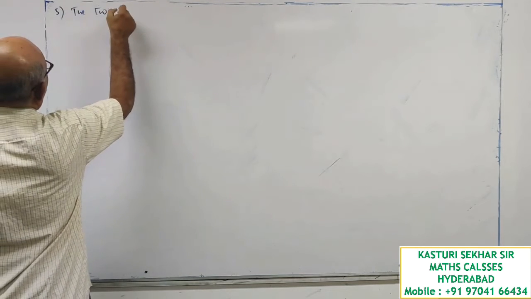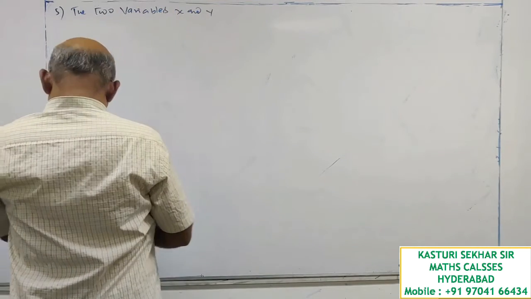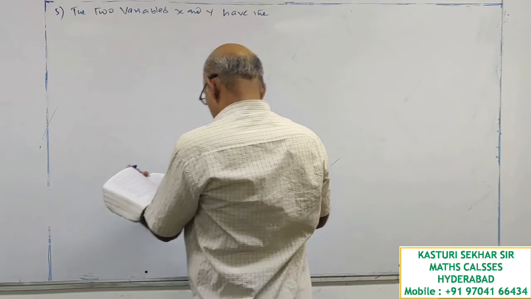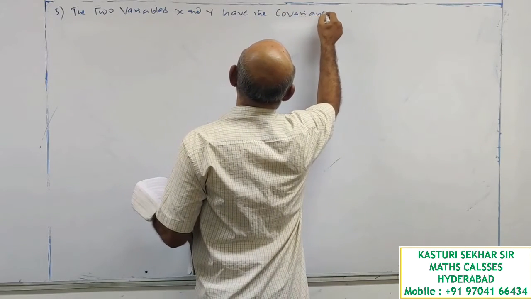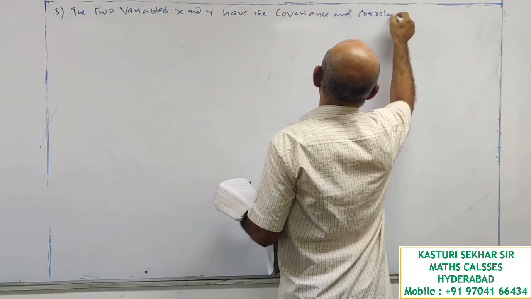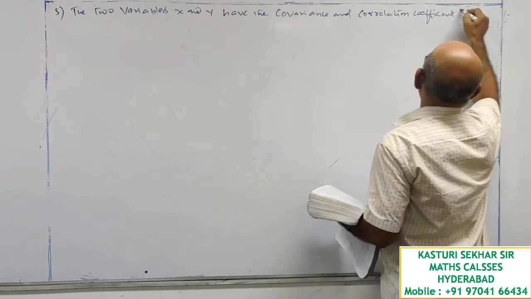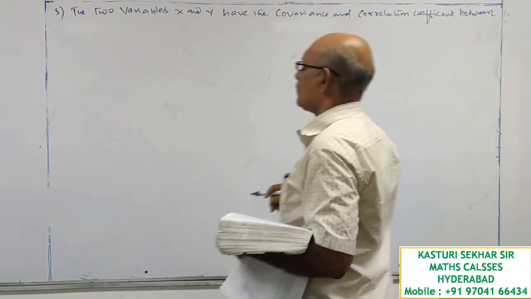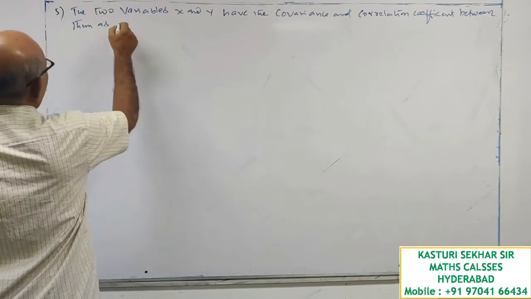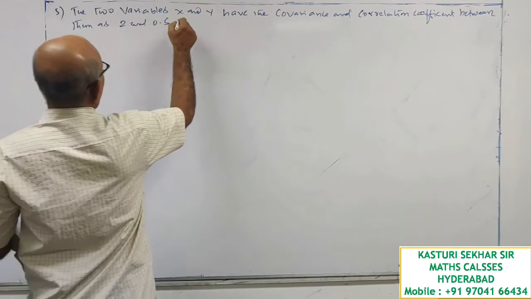The two variables x and y have the covariance and correlation coefficient between them as 2 and 0.5 respectively.